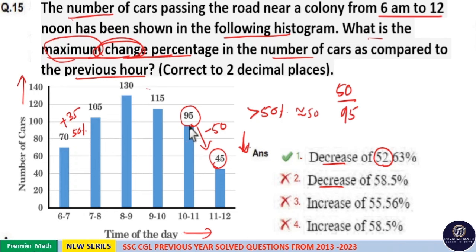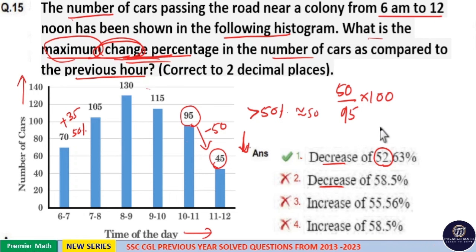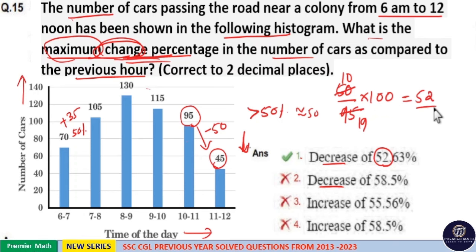The change is from 95, 50 into 100. That is the maximum change percentage. 5 goes 19 times in 95. 19 goes 5 times in 100, remaining 5. So about 52%.